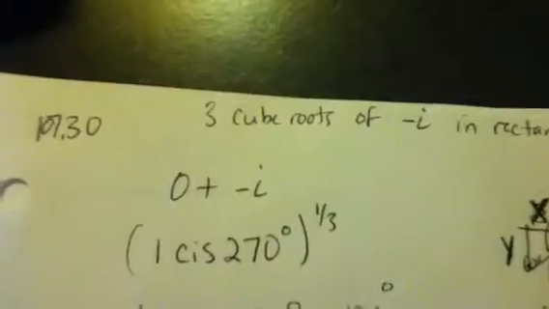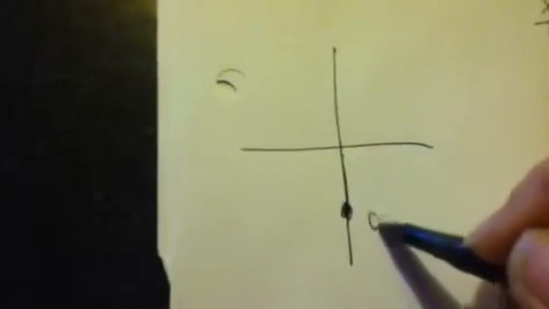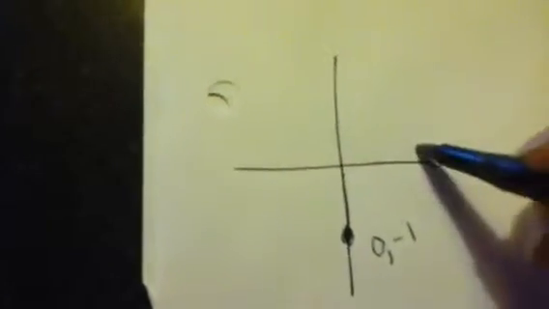I messed up my little graph, so I'll draw a new one. I wrote it as negative i, so the x value is 0 and the y value is negative 1. So it's actually down here, right there. It's 0, negative 1.